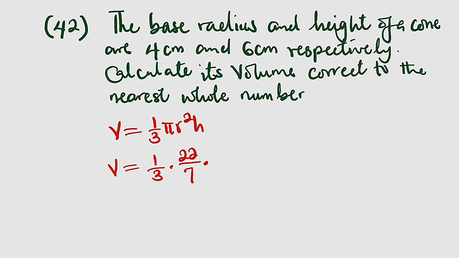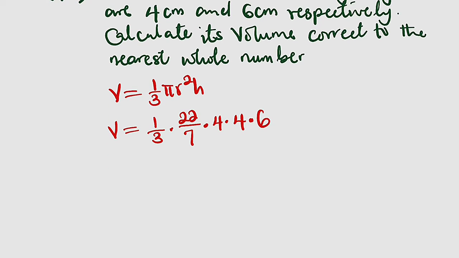Then r, we are given that as 4 centimeters, but squared, which means what? 4 squared, or you can simply write it as 4 multiplied by 4, right? Is the same thing. Then multiply by the height, which is given as 6. All right. In order not to waste time, you can take your calculator, multiply the numerators together. That is 1 times 22 times 4 times 4 times 6.